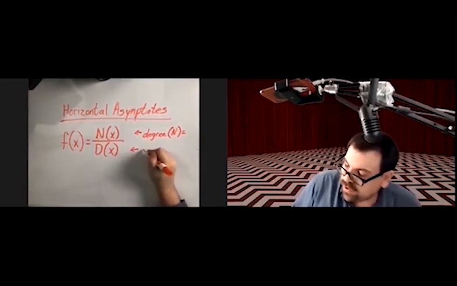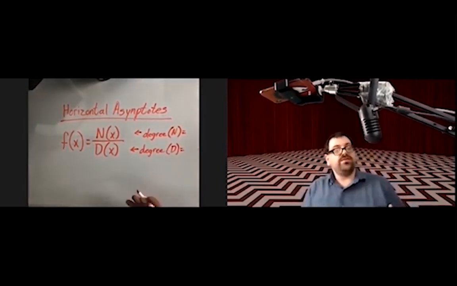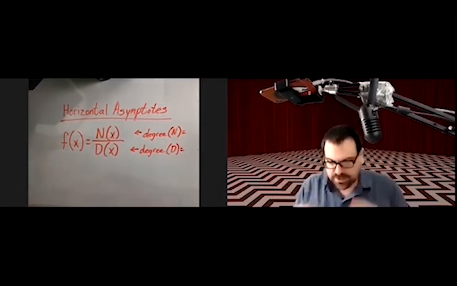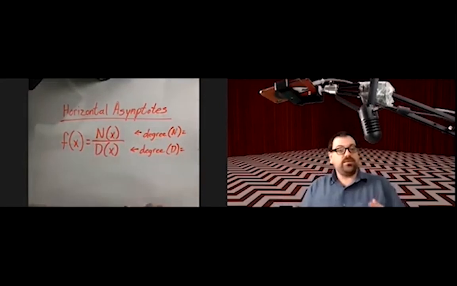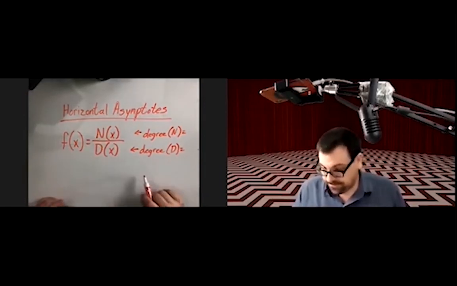On the bottom, we want to find the degree of d. If the highest power is a squared, then the degree is 2. If the highest power is a fifth, then the degree is 5.